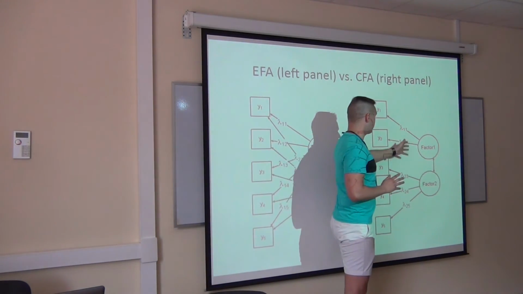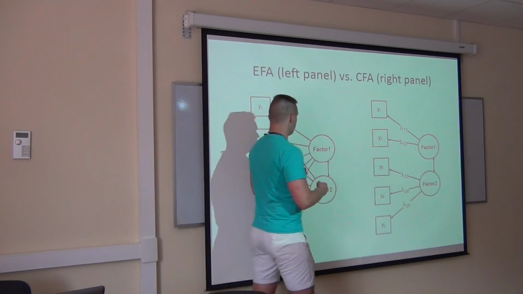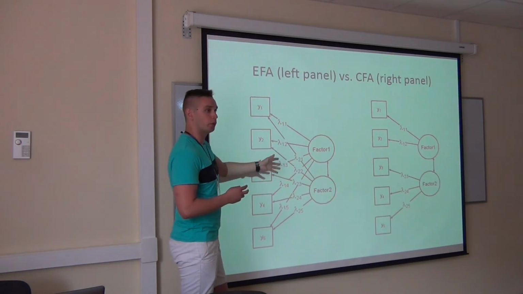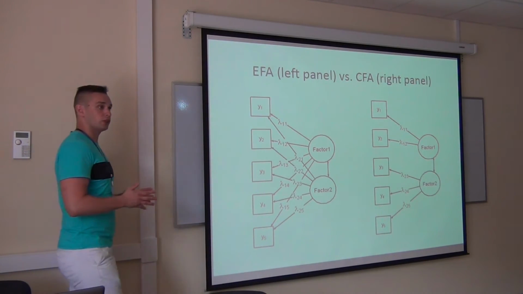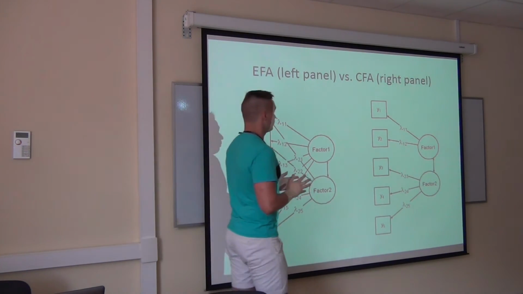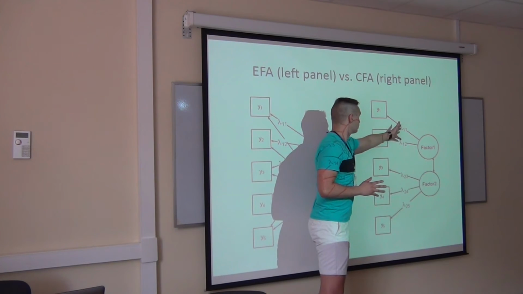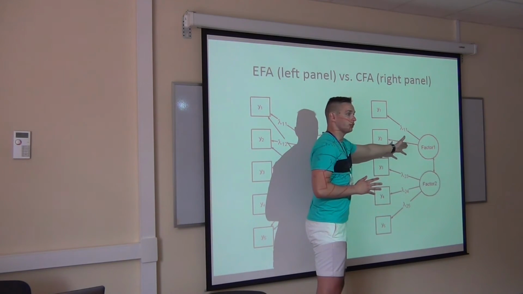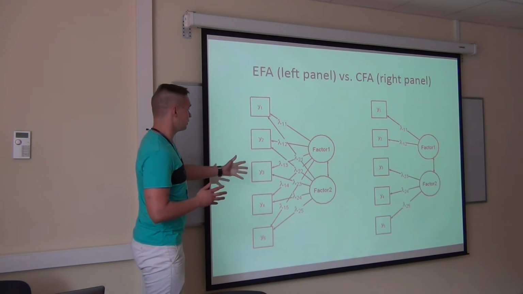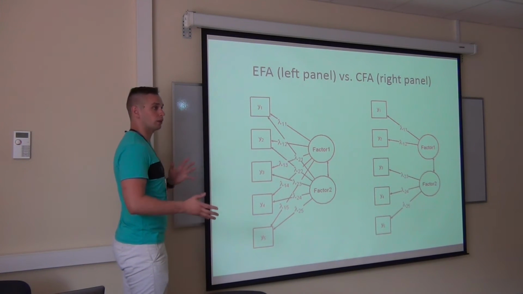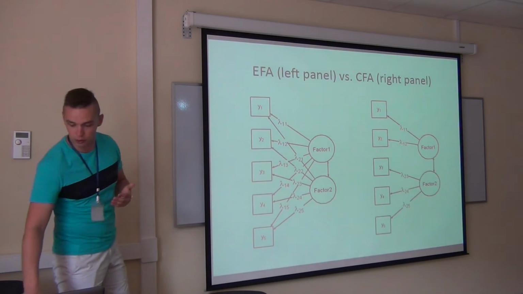Here we can test for meaningfulness of adding these additional parameters in the model. And also we can test, for example, whether these partial correlations are the same, whether they are equal. In EFA we can simply estimate them, and we cannot do anything more.